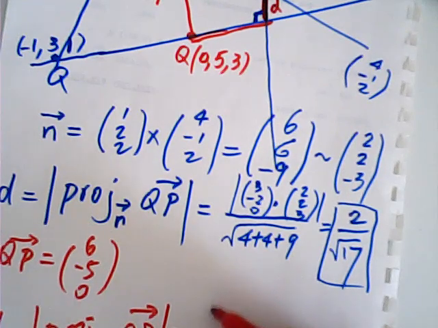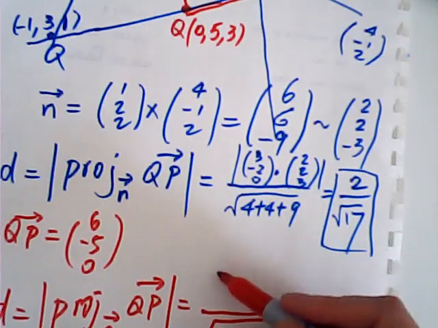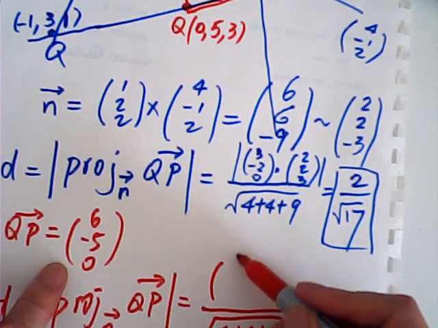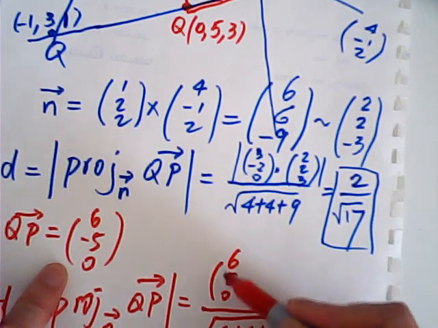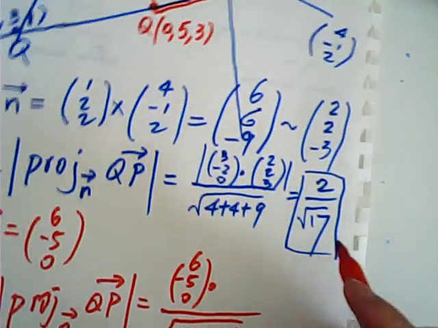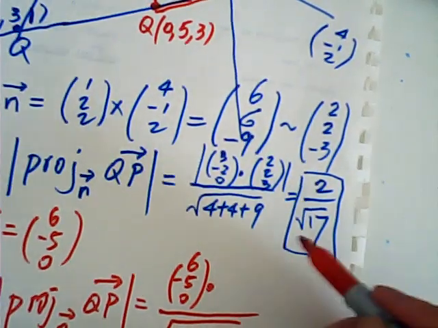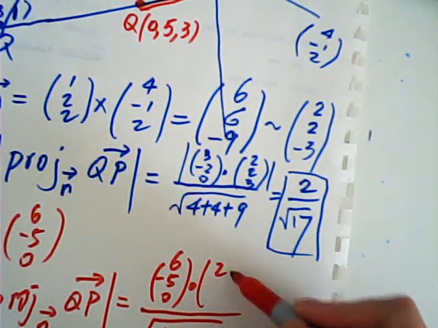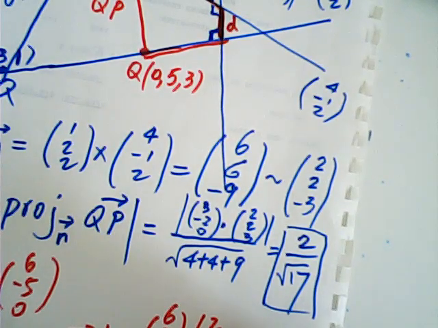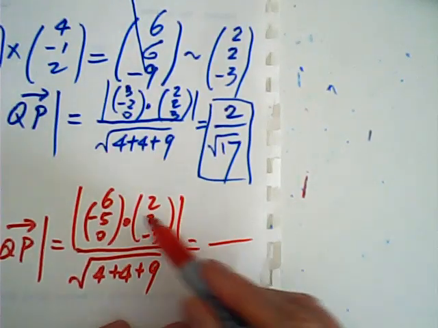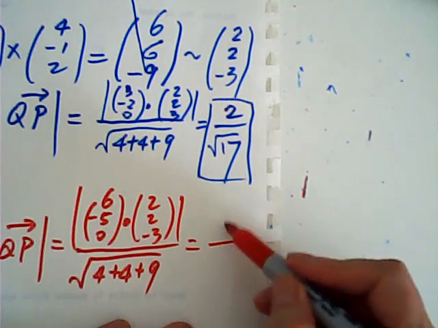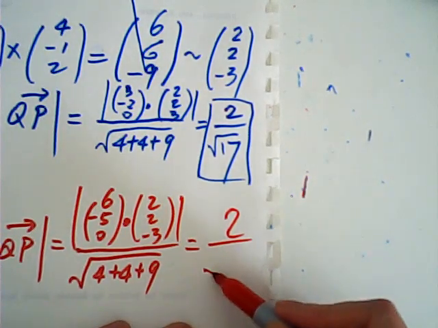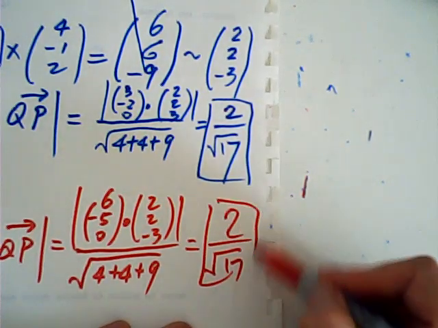And here is (6, -5, 0) dot (2, 2, -3), absolute value. So this is 12 minus 10, this is 2. Yeah, that's the square root of 17. You see, you get the same answer.